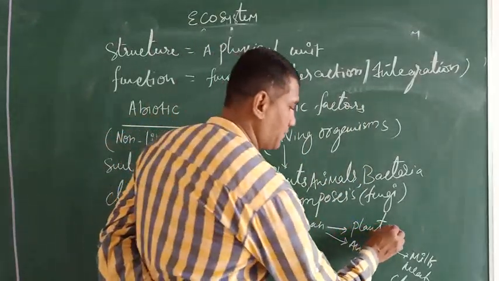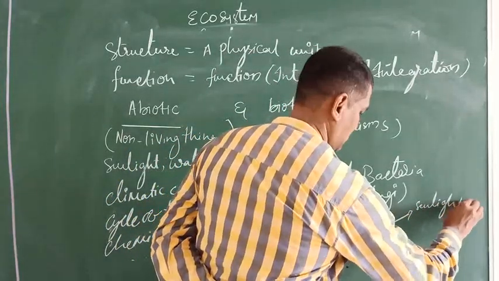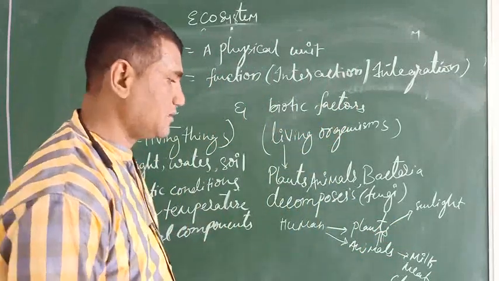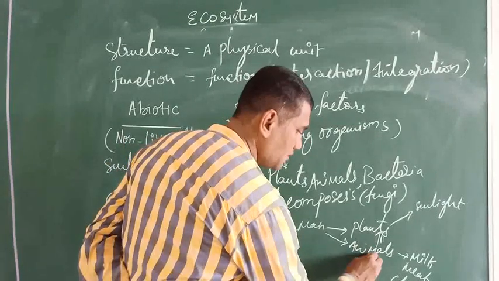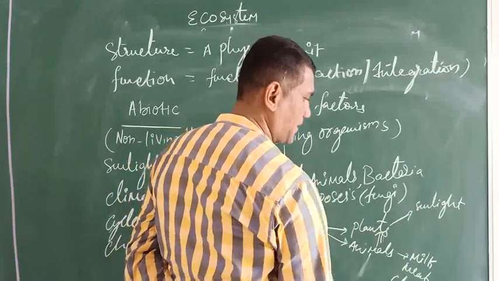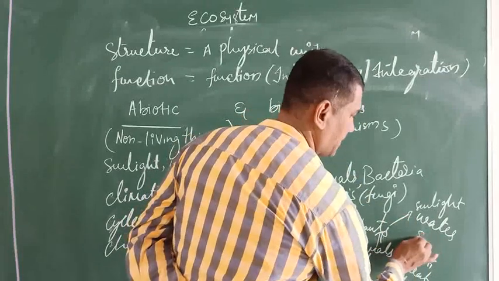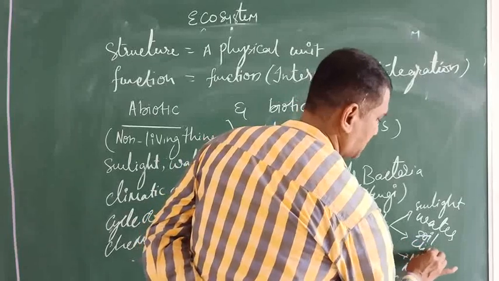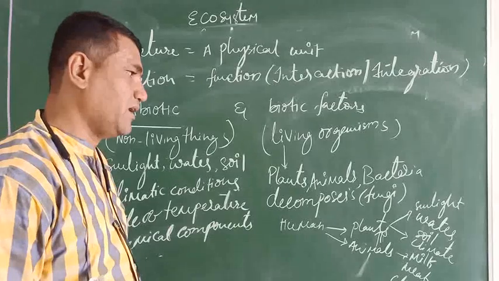And plants are dependent on sunlight. Animals are dependent on plants. Plants are dependent on sunlight, water, soil and the type of climate. So this is how the interaction is there.